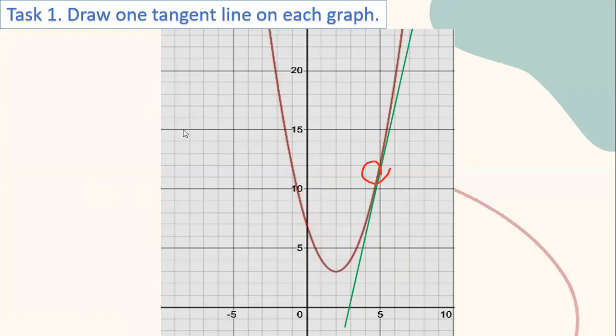So you can also draw a tangent line by yourself. So pwede ring, for example, another horizontal line which touches the curve at the lowest point of the parabola. Basta ang line na ito-drawing ay nag-intersect lang sa ating curve at only one point. And that will be the tangent line.